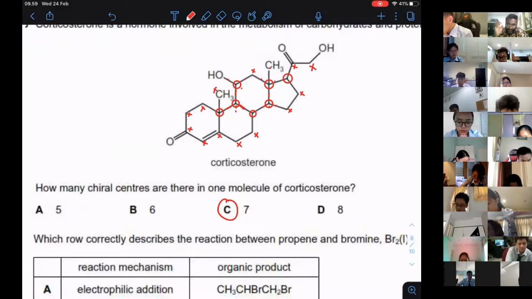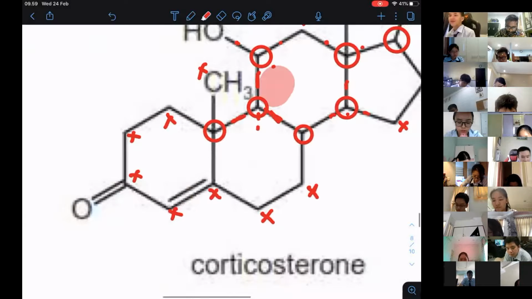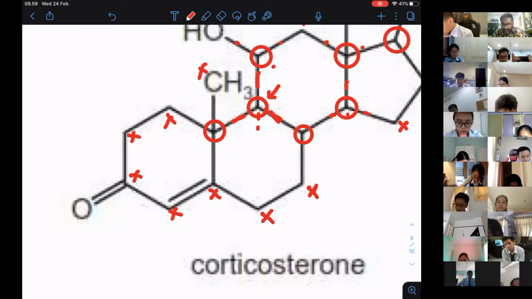If they are attached in a cyclic form, just close this part. I do not know how to show it, maybe I'll just show it in this way. If you want to identify this as a chiral center, then you close the entire this part.